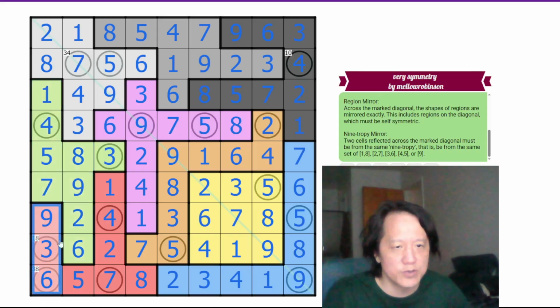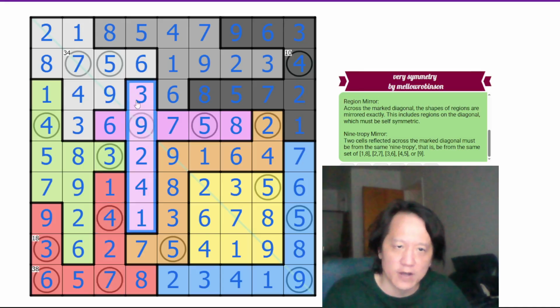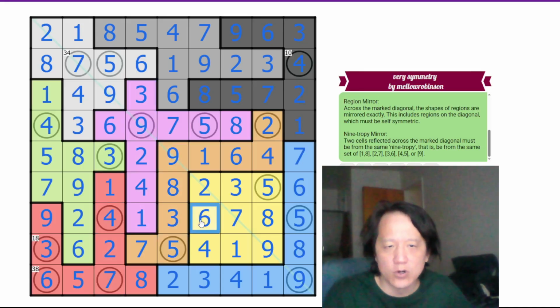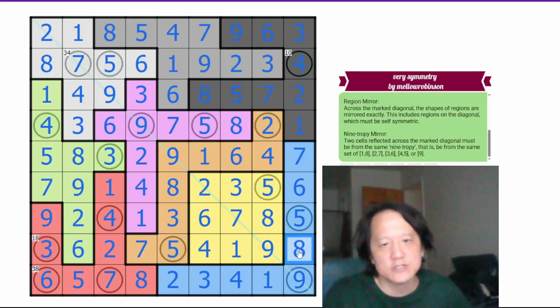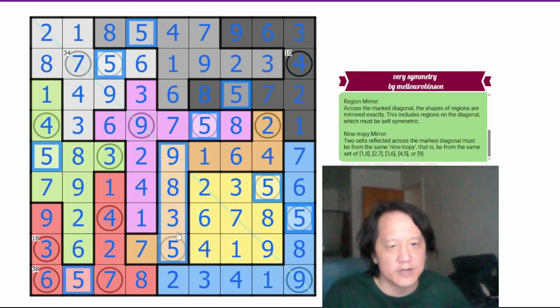This is 3, 4, 4, and it matches. 5, 4, 5, 5, 5, 5, and it matches. This is 5, this is 5, 5, and 5, and this is 5, and it matches.